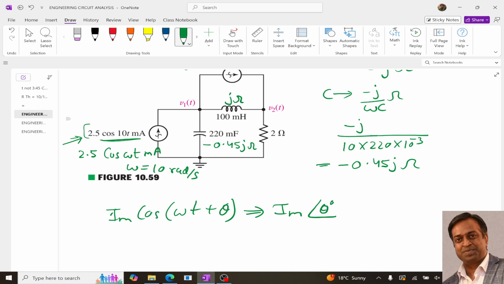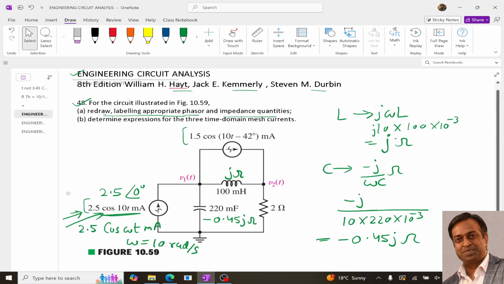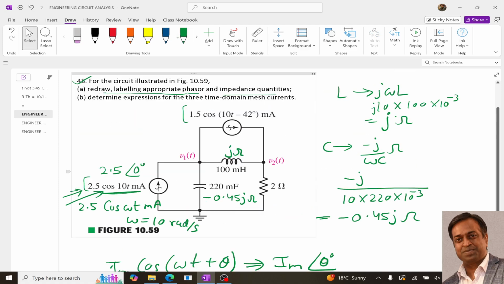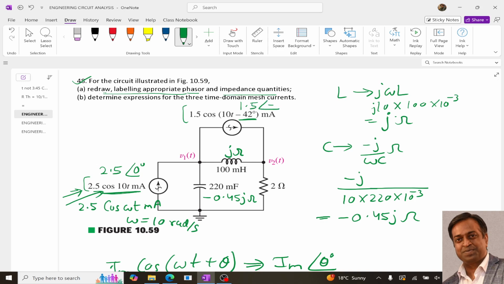So over here, since in this case theta is 0, we will write this as 2.5 angle 0 degree, right? And similarly over here in this case theta is minus 42, so this will be 1.5 angle minus 42 degree milliampere. This is milliampere.